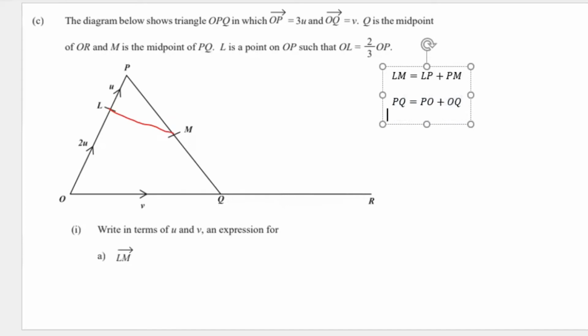So OP was 3u, therefore PO would be minus 3u plus OQ, OQ is v. So therefore PM would be a half of PQ.